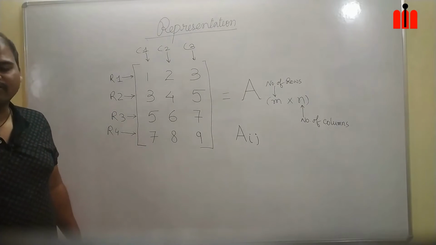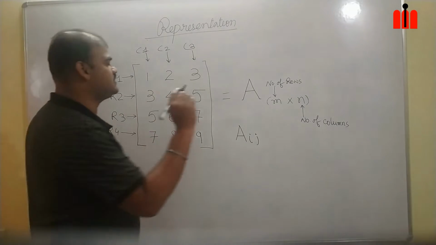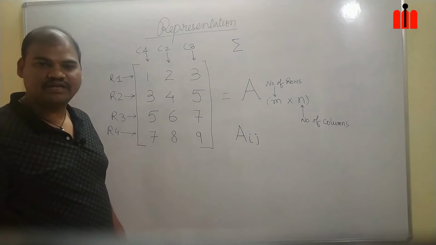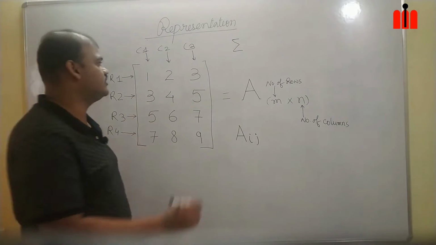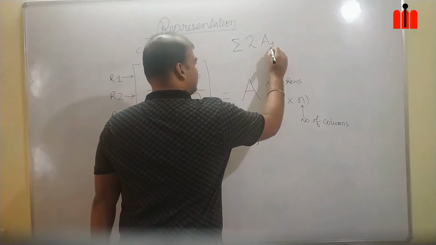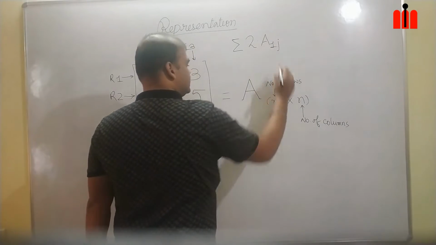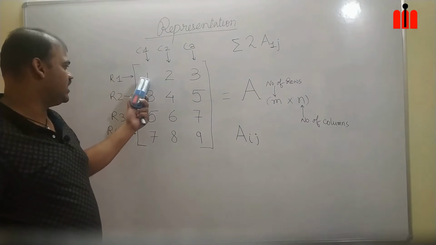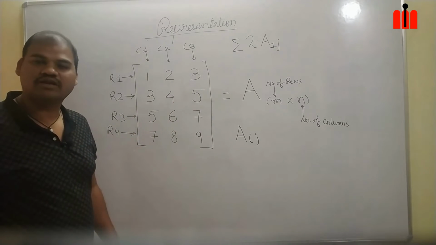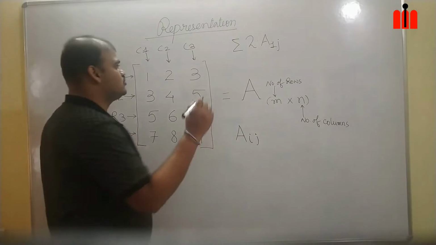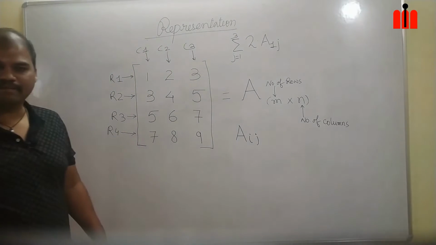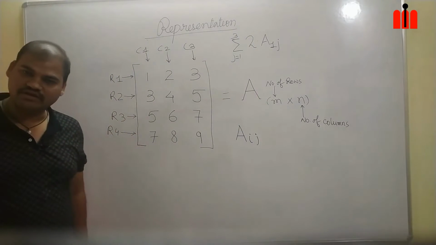Then I will represent it with sigma. I have to multiply the first row by 2, so it will be 2 times, and the first row is represented by A1, then J, because J can vary: A11, A12, A13. So this will cover the entire first row. So J is from 1 to 3, and the entire first row is covered.